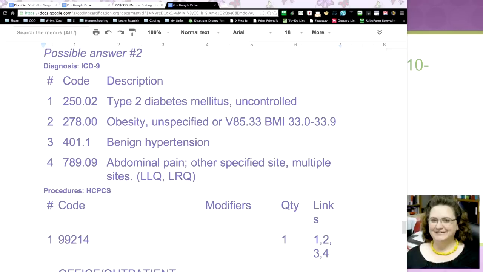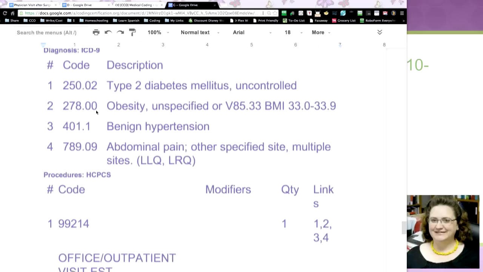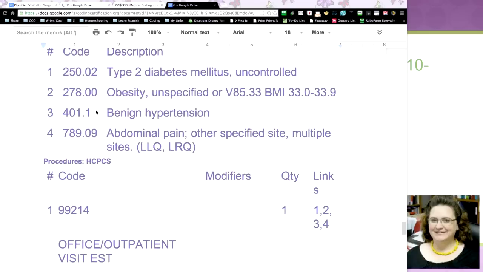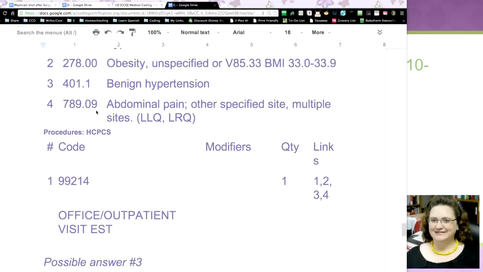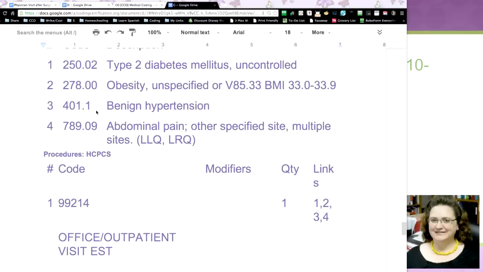Now, most of the time, people would code them in the order that the physician writes them, whereas he did hypertension first, but it's okay to code them in a different order, as long as you follow the guidelines for order of code in addition and stuff like that. But all of these diagnoses would be interchangeable. The patient actually came in for abdominal pain. That was the chief complaint, so that might go first. The fact that they're diabetic is a pretty severe thing.